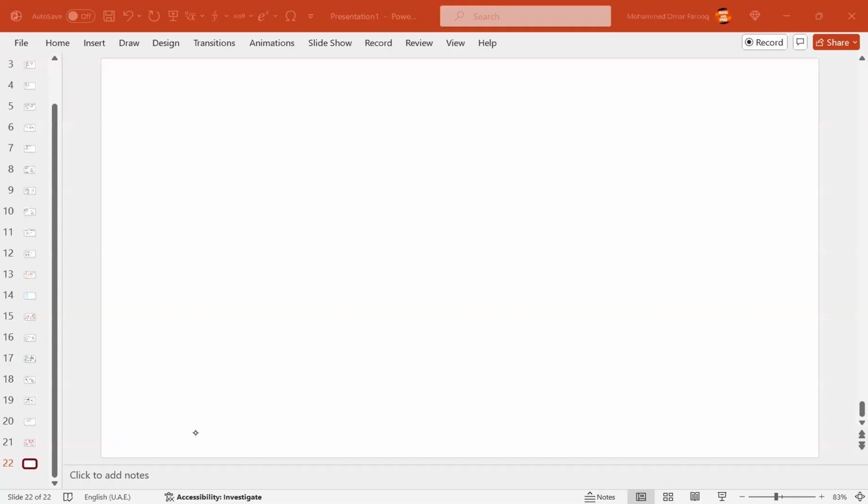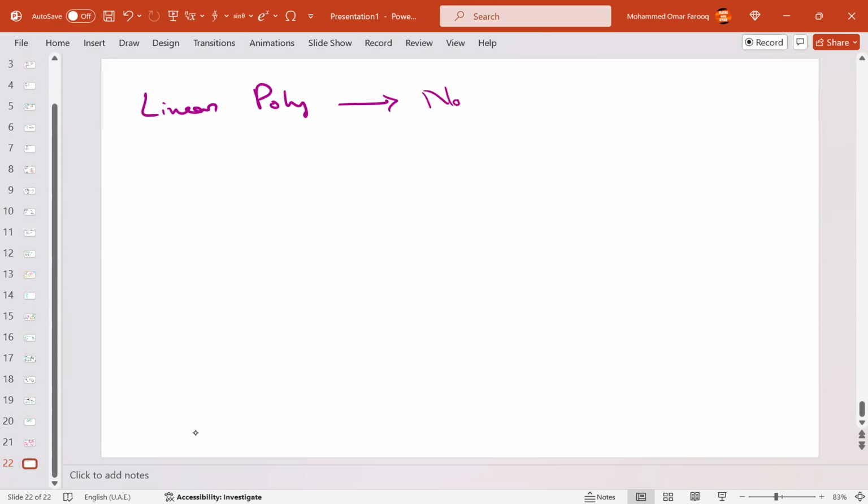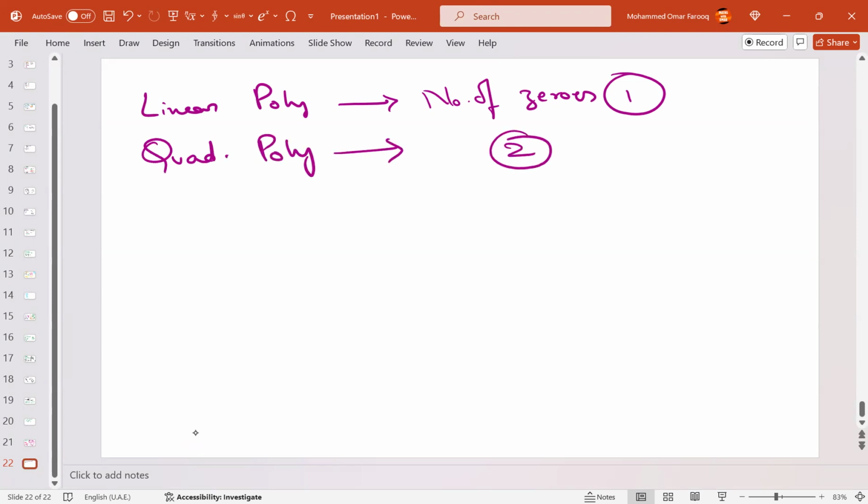If you have a linear polynomial, the number of zeros will be 1 because the degree is 1. If you have a quadratic polynomial, the number of zeros will be 2 because the degree is 2.